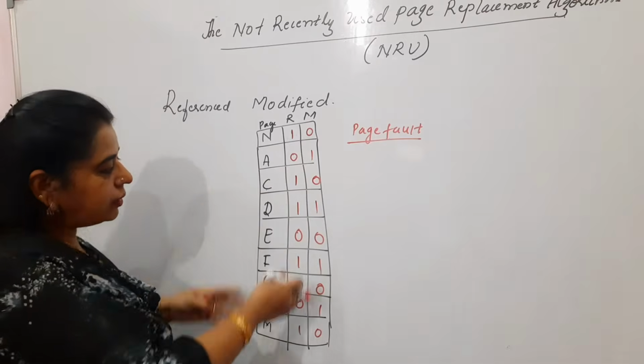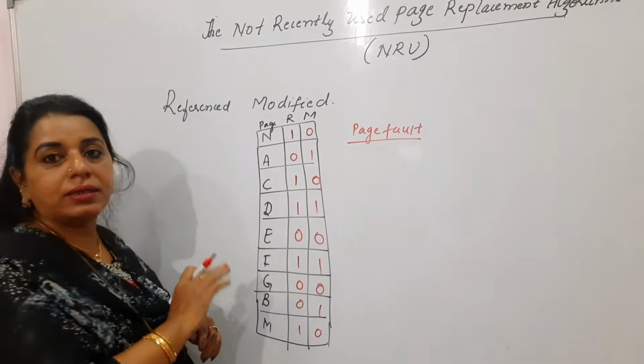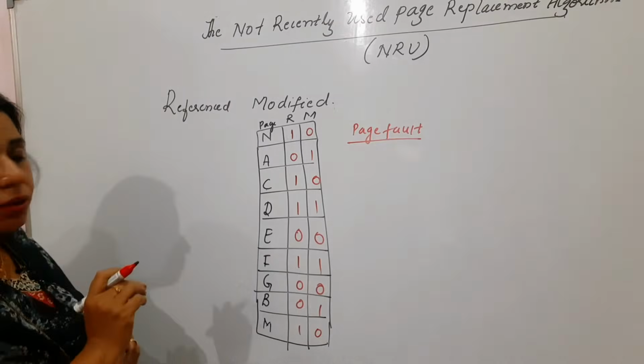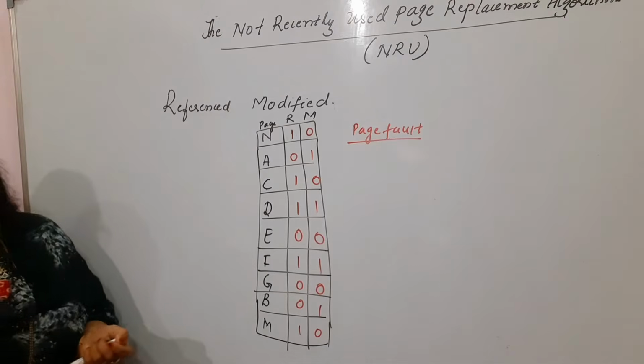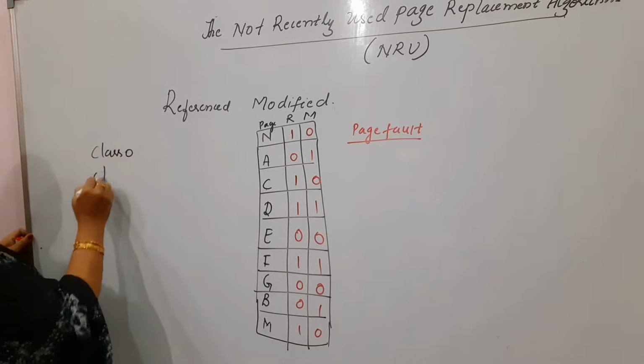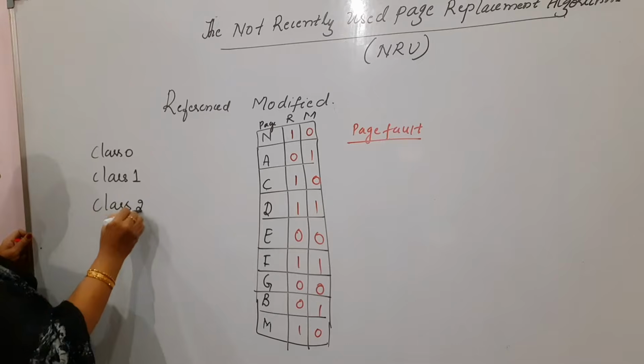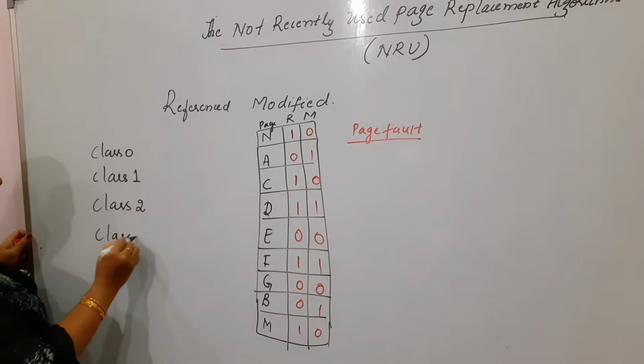First thing is, out of all the pages that are available, you have to classify them into 4 categories: class 0, class 1, class 2 and class 3.